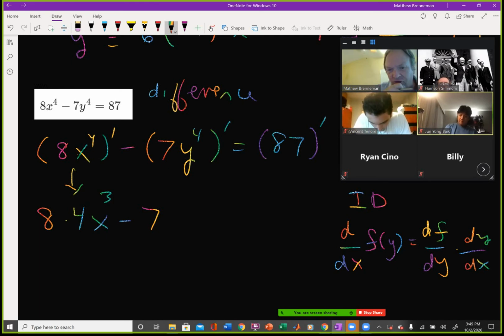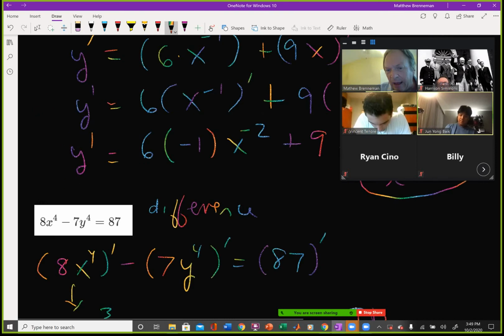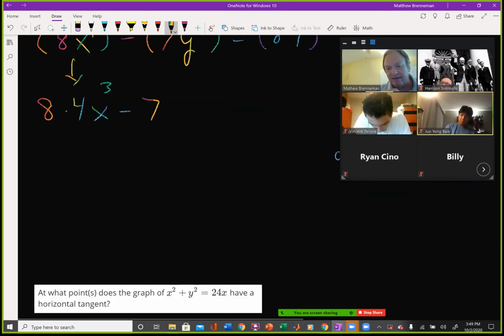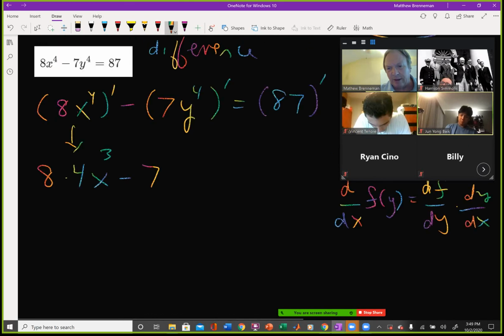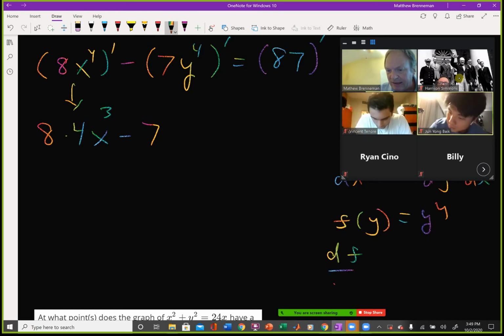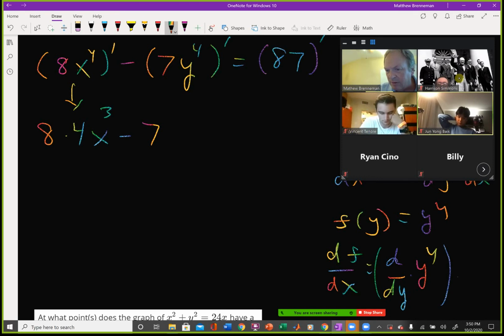So I'm going to apply this here. If I look at this example, in my problem f of y is y to the fourth. So df dx is equal to d dy of y to the fourth, that's my function, times y prime.